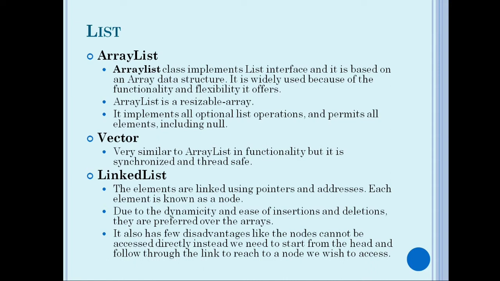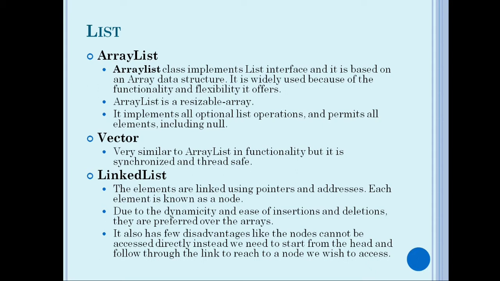In normal arrays, there's a fixed size. Let's say you define the size 100, and if you put 100 elements, when you try to put the 101st element, it will throw an error, right? Because the maximum space allocated for that array was 100, and you cannot extend it because it's a fixed size array. ArrayLists are flexible.